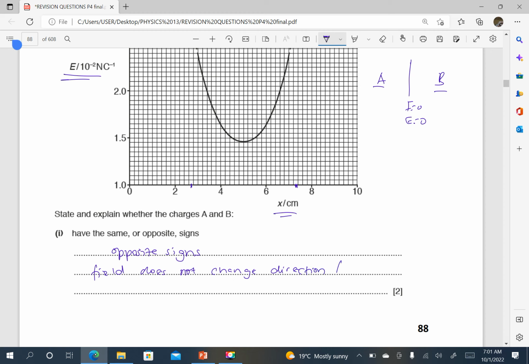Or we can simply say the field does not become 0 between the charges.